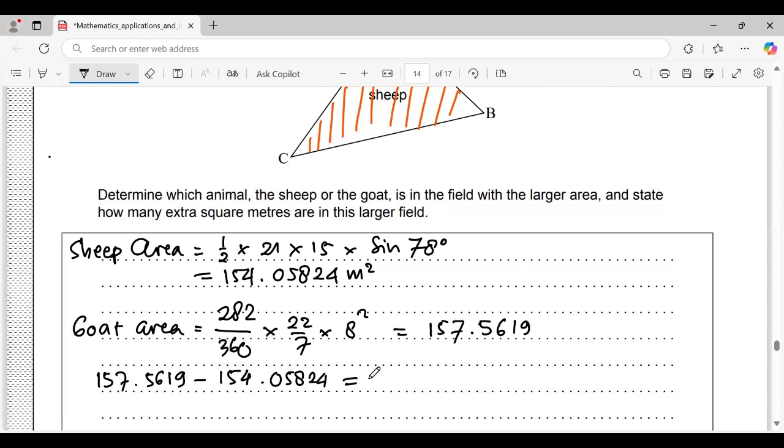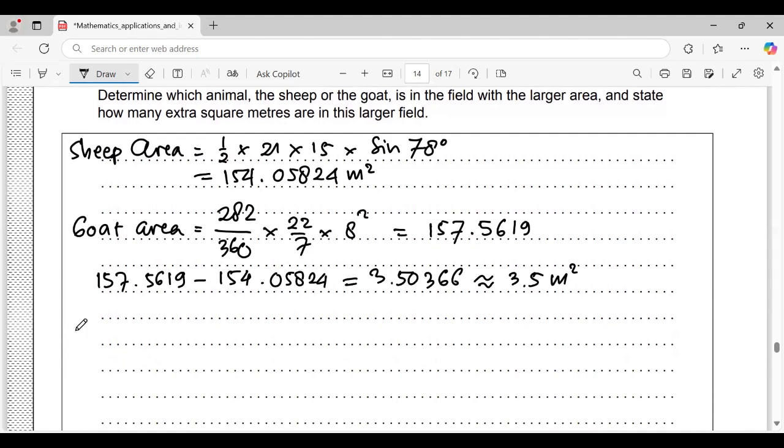If we calculate, it is 3.5006 meter square, or 3.5 meter square. So the goat has a larger area than the sheep, and the goat has 3.5 meter square larger than the sheep area.